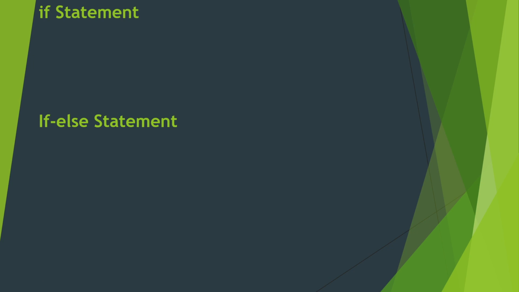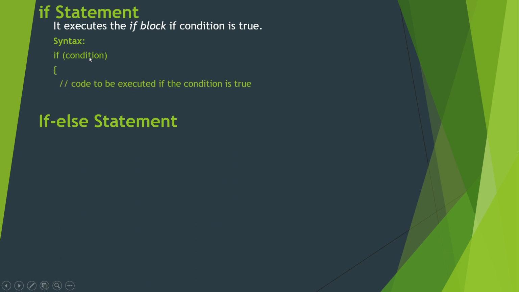So first we have the if statement. As I said, it has only an if block, so it executes that if block if the condition is true. The syntax will be: we have to write the word if in small letters, then in brackets we write the condition, then an open brace, we write the code which is to be executed if and only if this condition is true, and then close the braces.